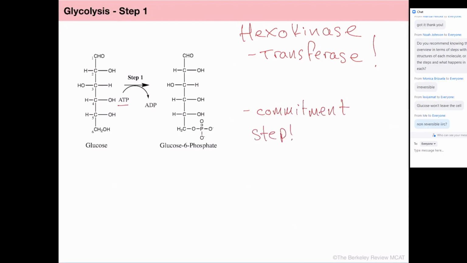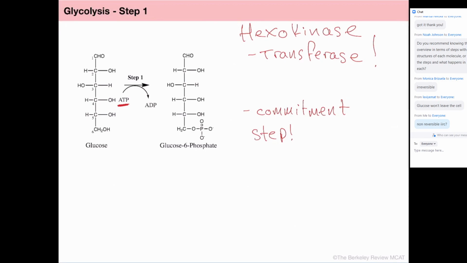Right, you're burning an ATP, you're investing energy to do this, okay? And yes, it's not reversible, right? You burn that energy, you can't get that back, right? Until you've finished glycolysis, okay? You've invested one ATP.